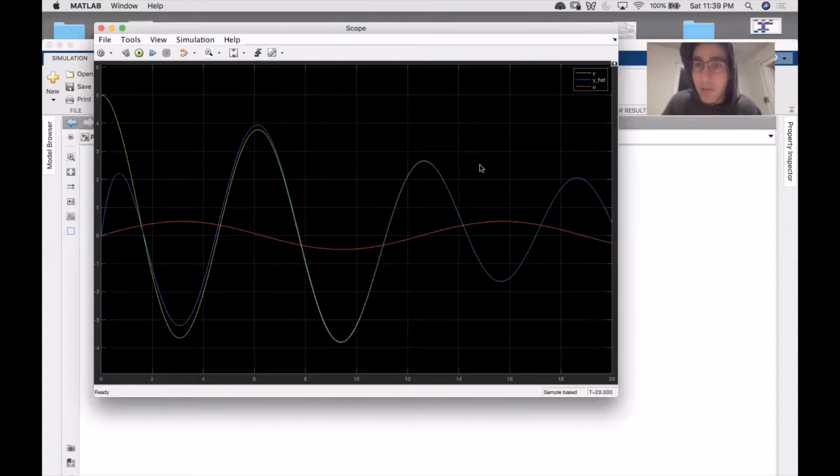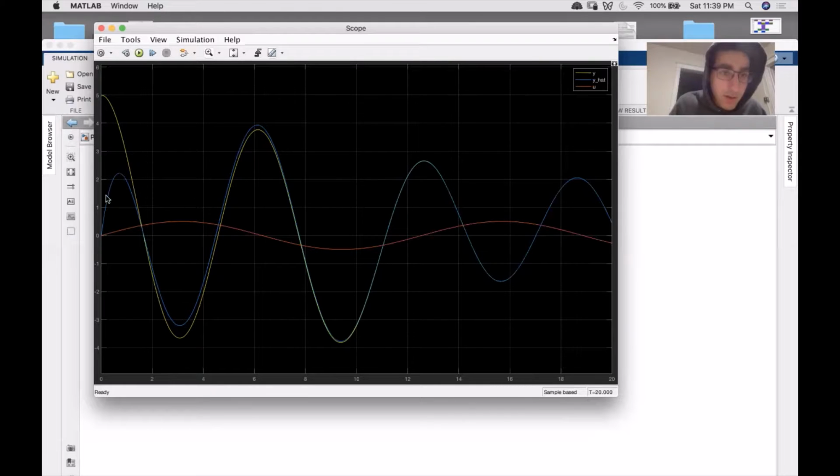All right, so here we have several curves. This one here represents our true output. As expected, we begin at a displacement of 5, and over time we see a damped cosine behavior, which is what we would expect based on our physical intuition.